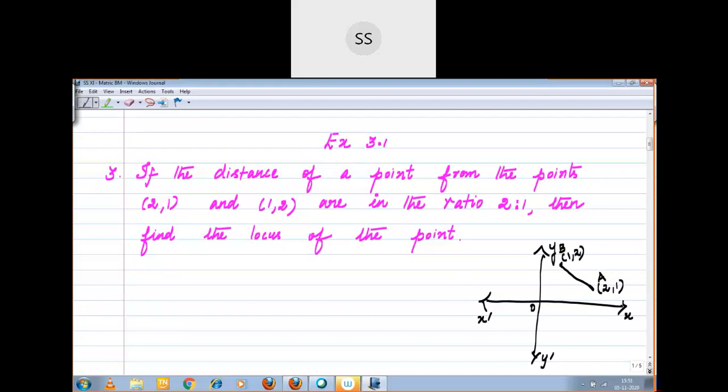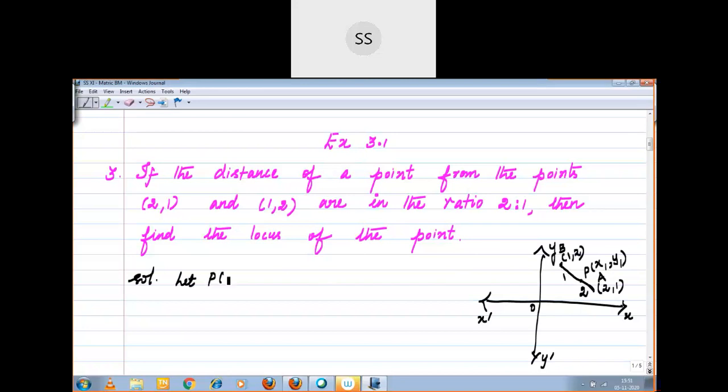The point that we are going to consider as (x1, y1) divides A and B in the ratio 2:1. That means PA equals 2, PB equals 1. Right. Let us begin the solution.